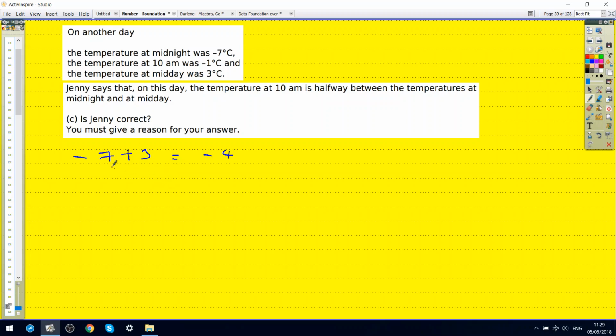You have to half it. It's like finding the mean. Okay. And so, what do we say here? Yeah. So, no, it was -1, not -2. The midpoint is -2 degrees.